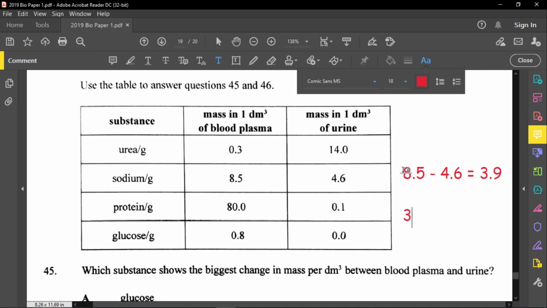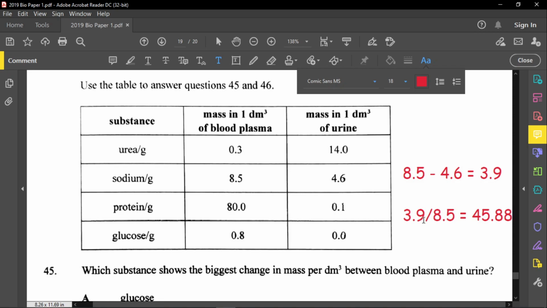But that's for the change. The percentage change will be 3.9 divided by the original, which is the mass in the blood plasma, because they subtract both. So it'll be 3.9 over 8.5, and this now will give us our answer here, which will be 45.88.